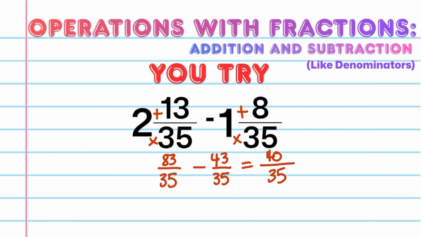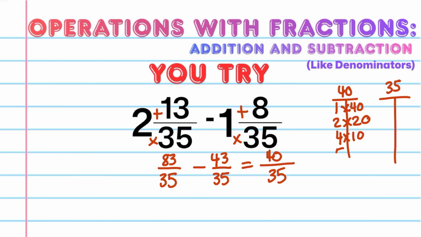Now you can look at these two numbers and say, I know what the greatest common factor is. And great, you can go ahead. But if you had to figure it out, it is okay because you can come right on over to the side, list the factors of 40, list the factors of 35. The factors of 40 are 1 times 40, 2 times 20, 3 doesn't go into 40, 4 times 10, and then 5 times 8.